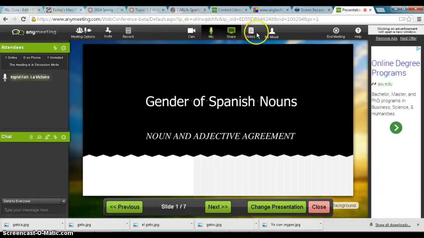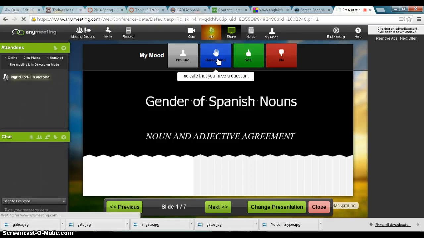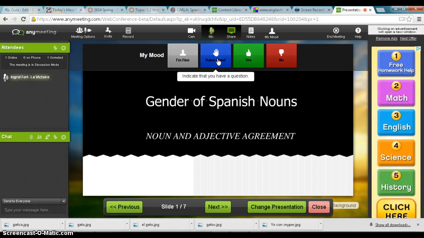Let me show you here. If you go to my mood, you can find here, you can raise your hand. This is a nice feature. You can raise your hand to show that you have a question, that you want to say something.